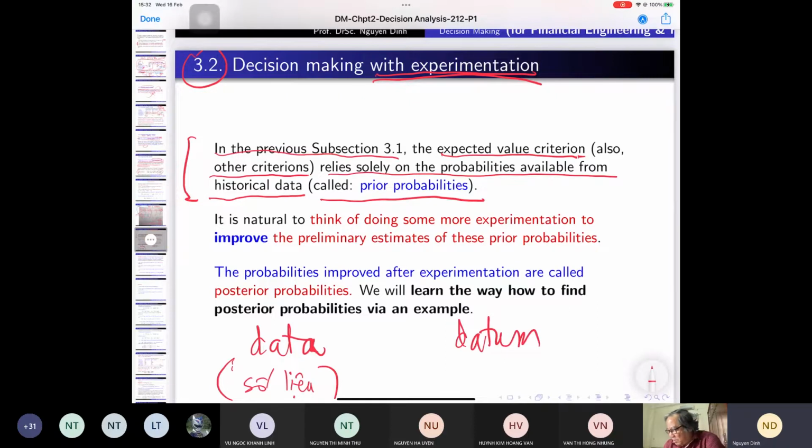This is singular, this is plural. One datum, but two data. Normally you have one table, two tables with the S. But now, one datum, two data. You know this?